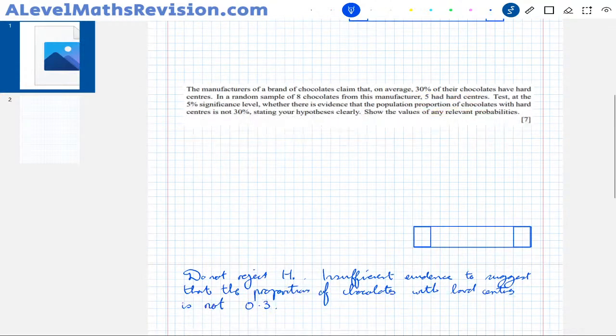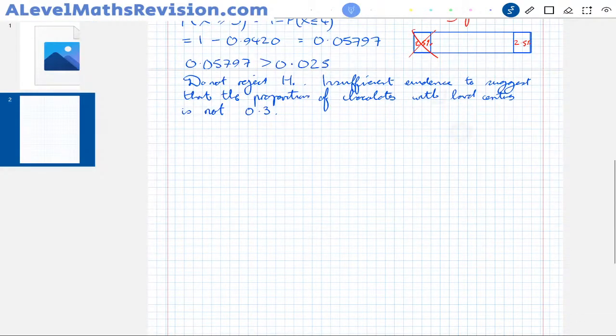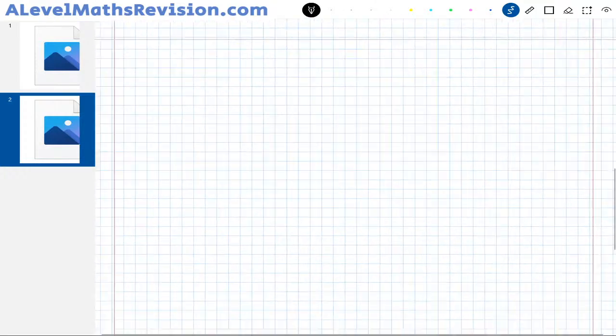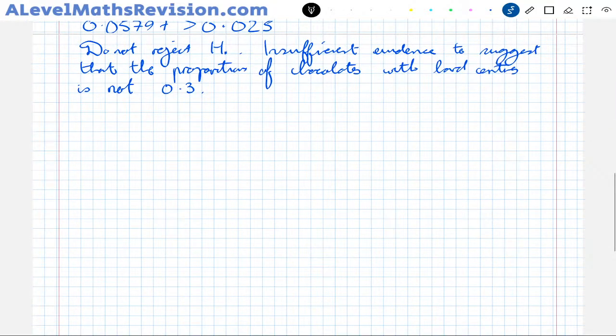So what we're going to look at now is the idea of a critical region in a hypothesis test. So having been able to do one-tail and two-tail tests, the final piece of the puzzle is critical region. So critical regions of hypothesis tests.